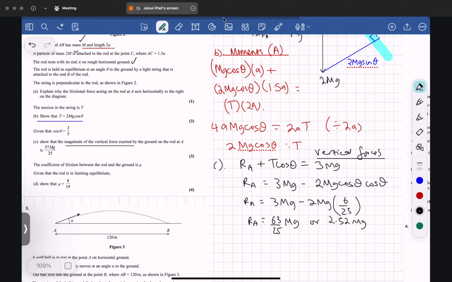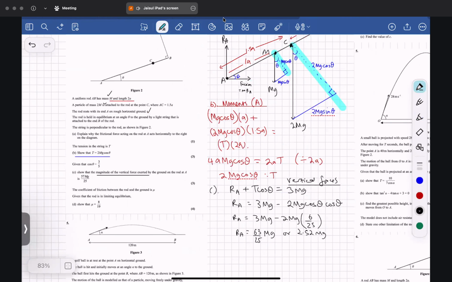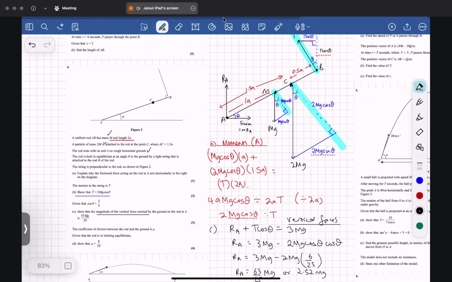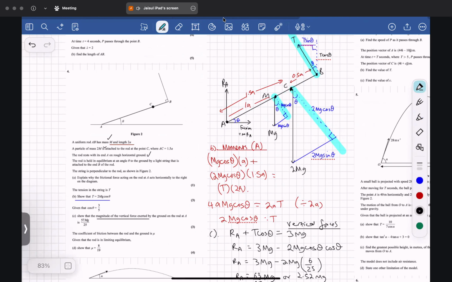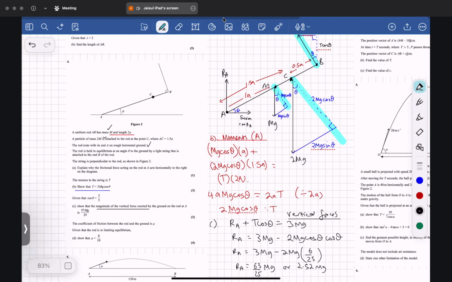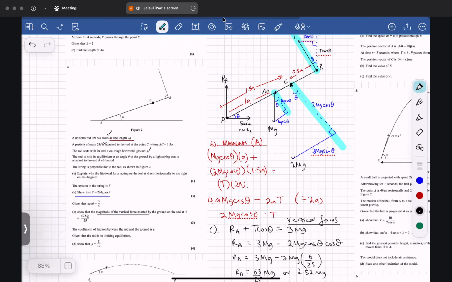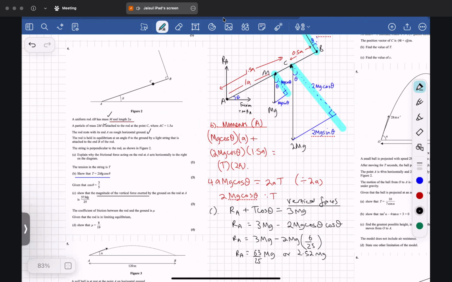Okay. So we got something wrong because the correct answer is 57 over 25. I'm just going to check what I did wrong. Up is RA plus T cos theta. Down is 3mg. I'm going to go slowly on this in case I made a silly mistake.